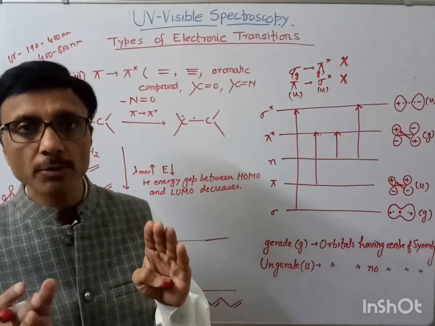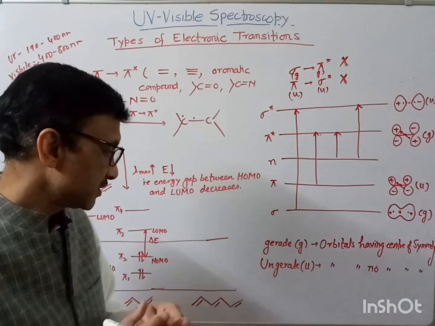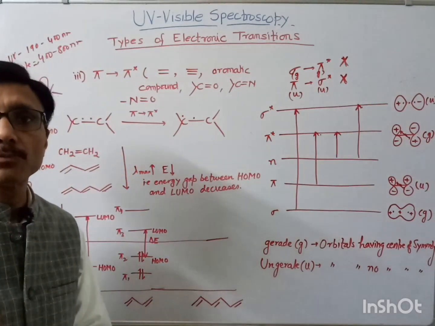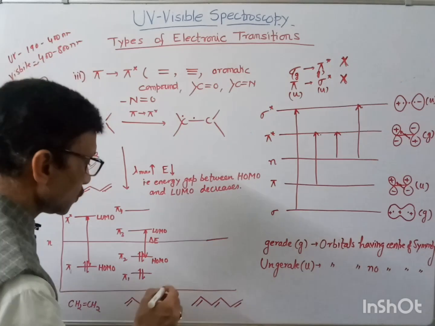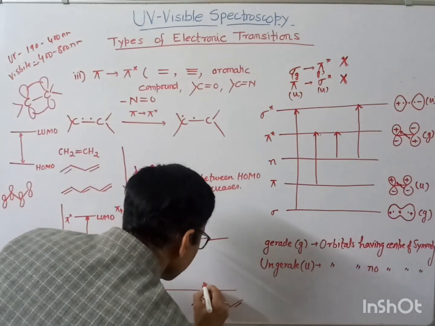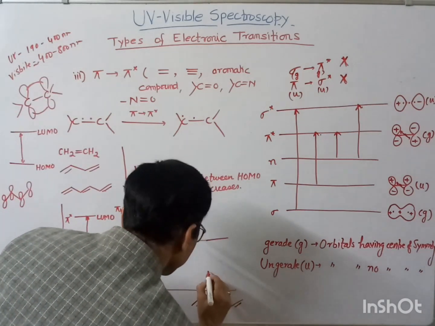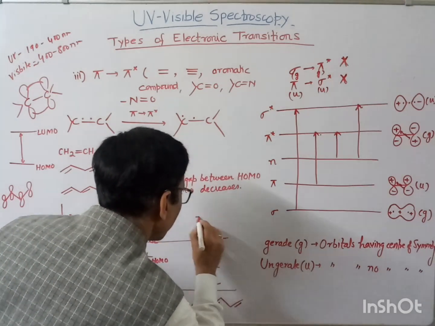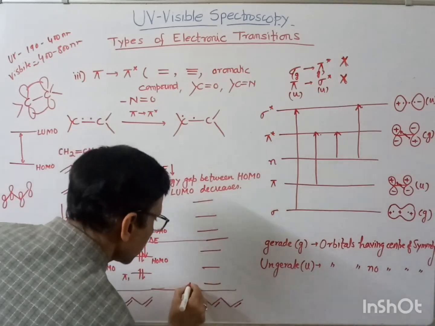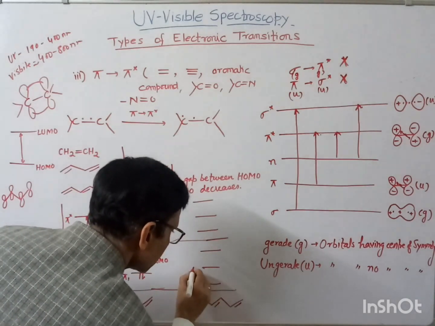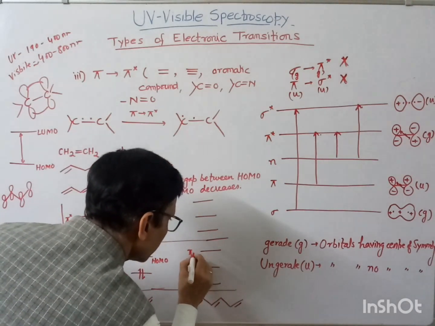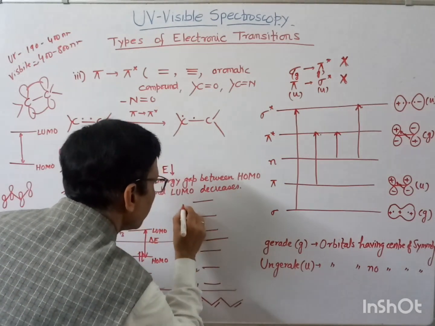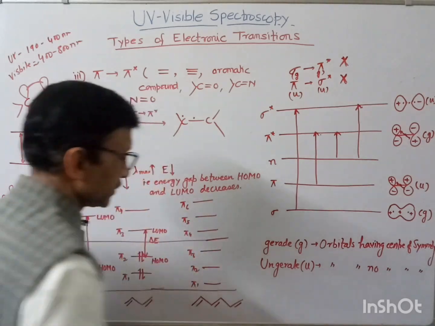So 6 atomic orbitals combine to give 6 molecular orbitals according to the molecular orbital theory. We can represent it in this way: 1, 2, 3, 4, 5 and 6. Suppose I write it as pi 1, pi 2, pi 3, pi 4, pi 5 and pi 6.